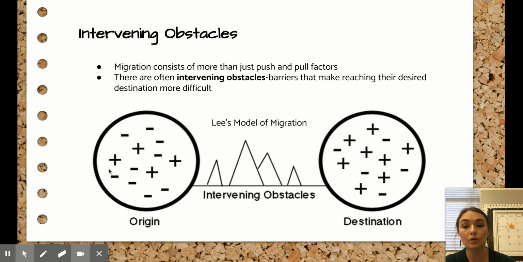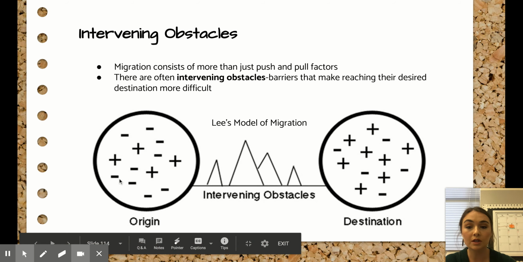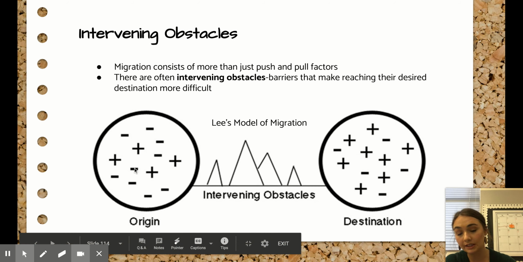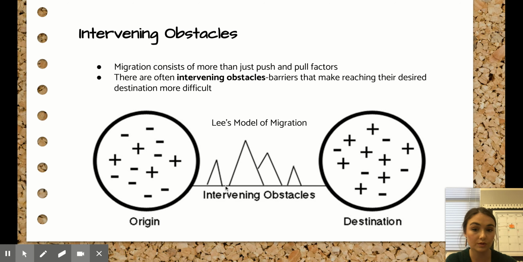You can see that the origin country has more push factors, more negatives than it does positives. The destination has more positive factors, pull factors, than it has negative factors. So this migrant decides, okay, I want to leave here and I want to go here. But there are obstacles in between where they are and where they want to go.